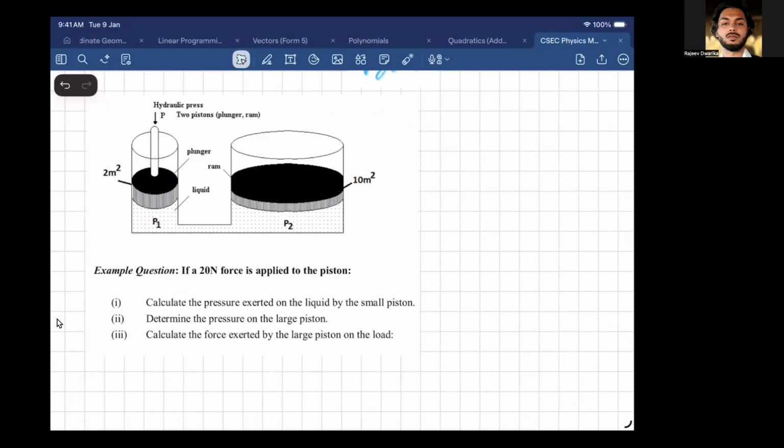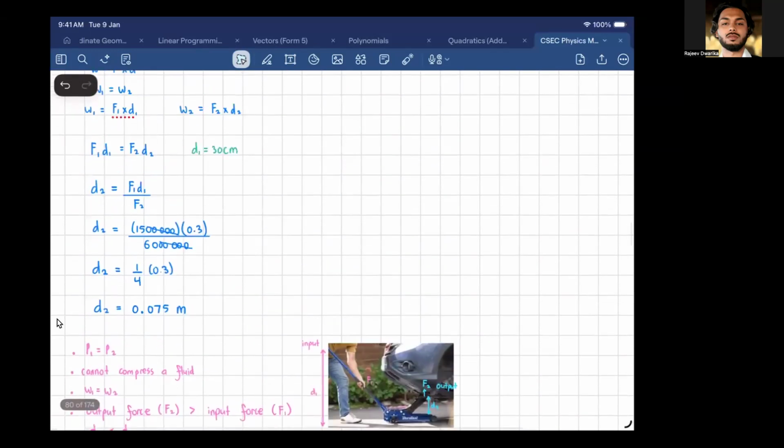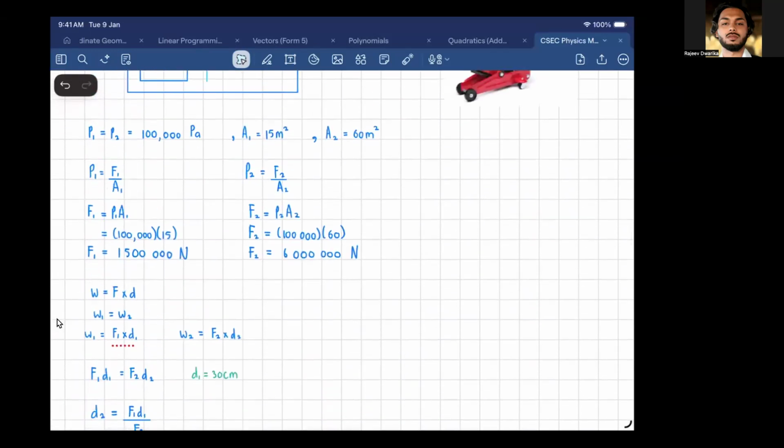So Shayna, did you notice a trend? Any trends you notice? You notice that the output force was how many times the input force? 4 times. You notice that the area of piston one was what fraction?